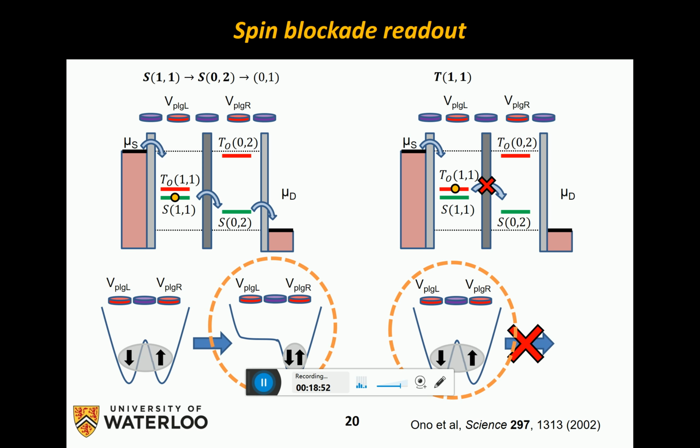The key thing here is that because you're tunneling between the quantum dots, you keep the two electrons for further calculations or operations. So it's non-destructive. And I should point out that this phenomenon, where the electron cannot tunnel if it's in the triplet state, is called Pauli spin blockade.